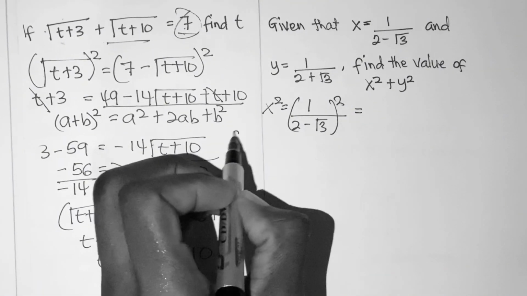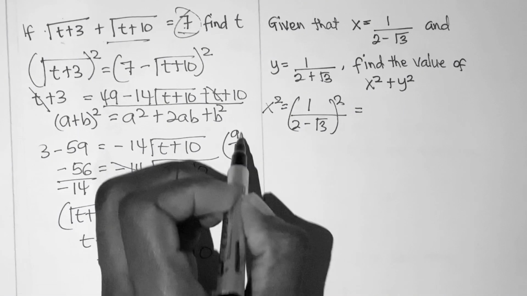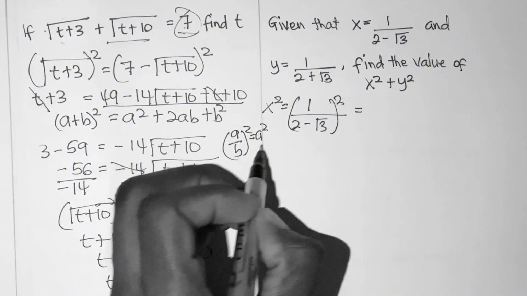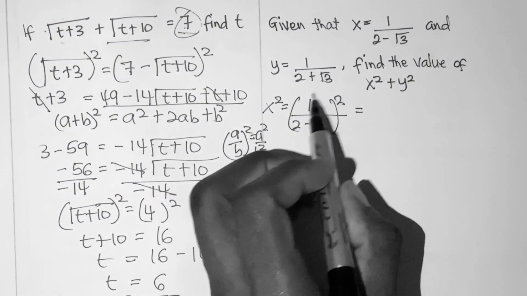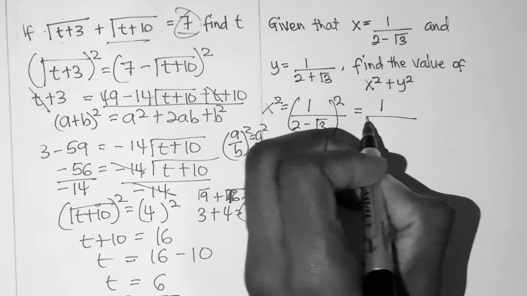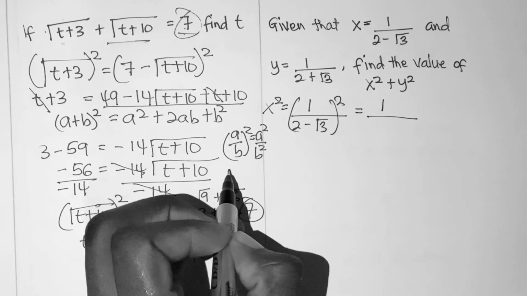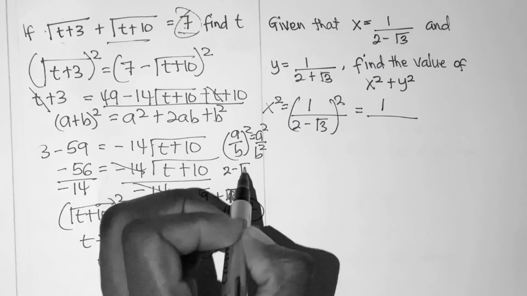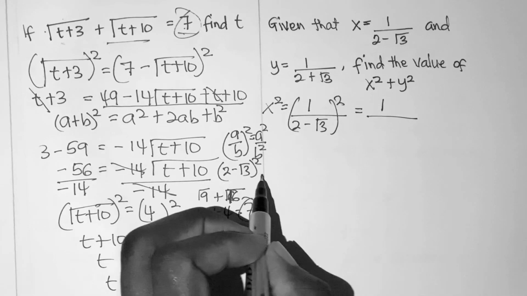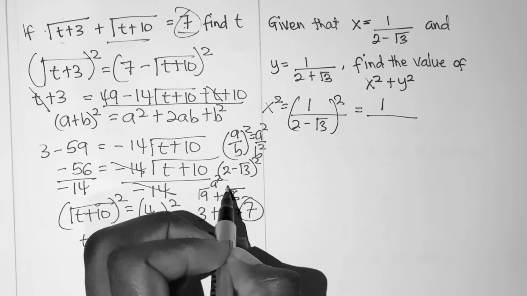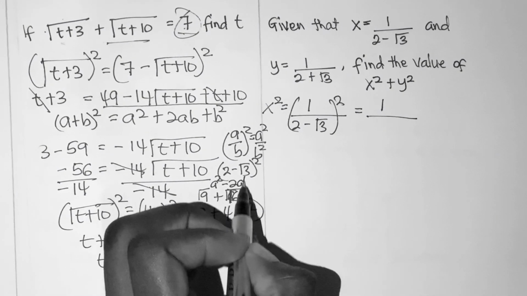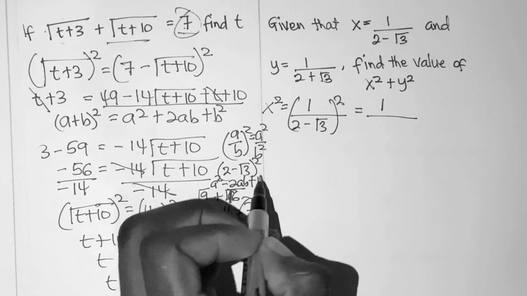If you have a over b all squared, it is equal to a squared over b squared. So this becomes 1 squared, which is 1, divided by 2 minus root 3 squared. So we need to use the expansion a squared minus 2ab plus b squared.